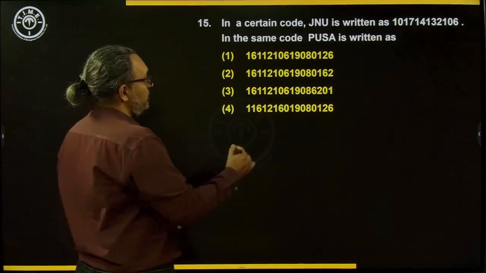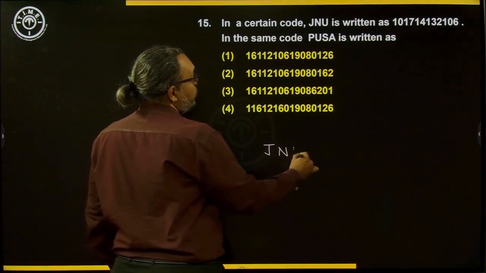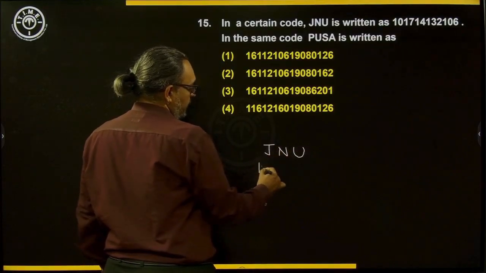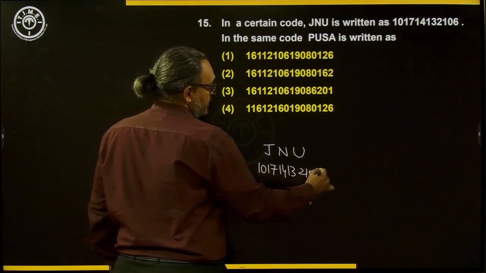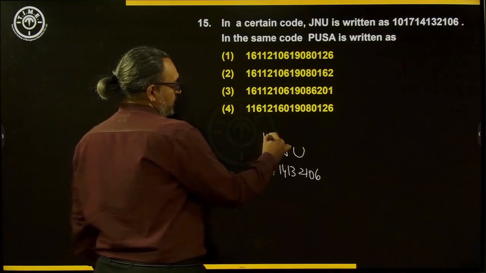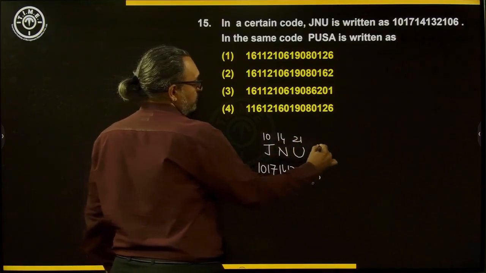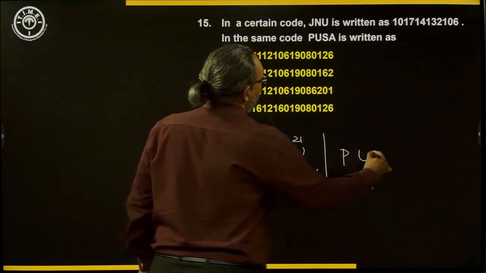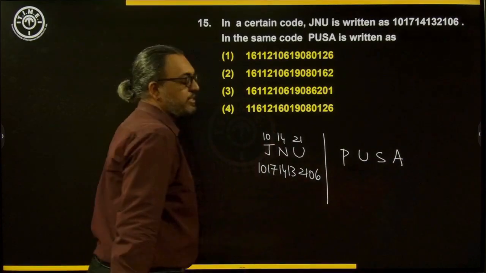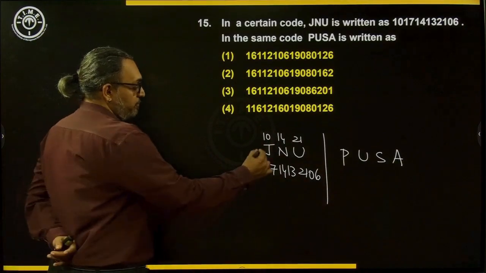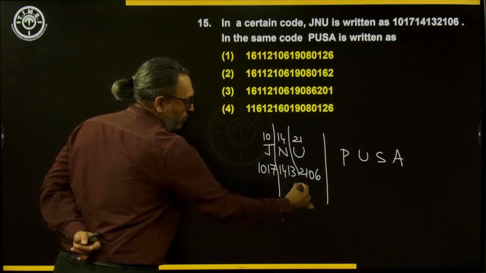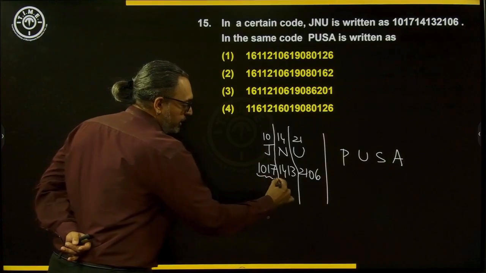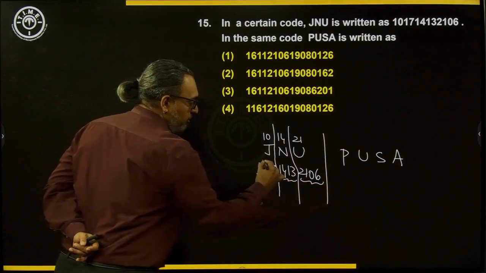Then the next one, we have JNU is coded as 10, 17, 14, 13, 21, and 6. So this is 10, 14, and 21. And now he's asking, in the same way, PUSA is written as. Because there are 3 alphabets, I will be taking 2 numbers for each.